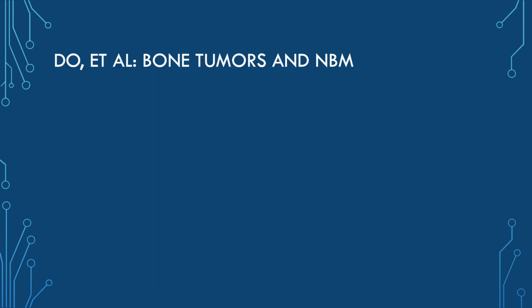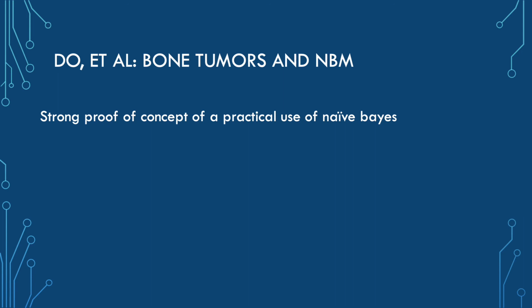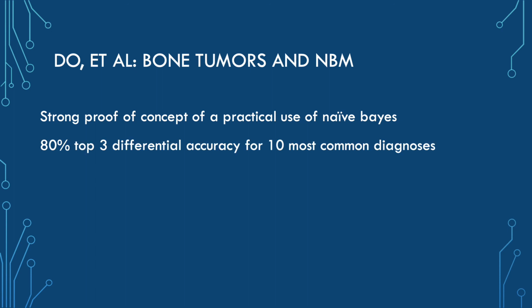In summary, this paper demonstrates a very strong proof of concept of a practical use of the naive Bayes algorithm in clinical radiology. As a major takeaway, with this particular data set, this approach was able to achieve an 80% top 3 differential diagnosis accuracy for the top 10 most common diagnoses.